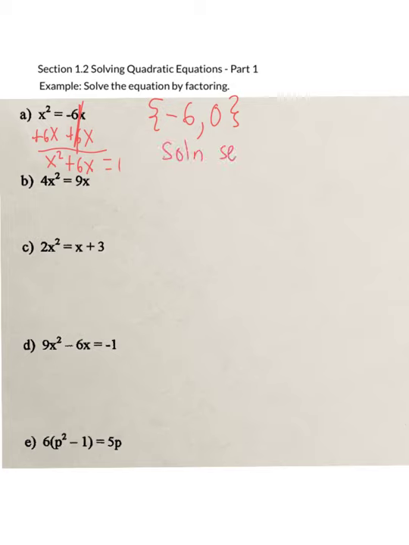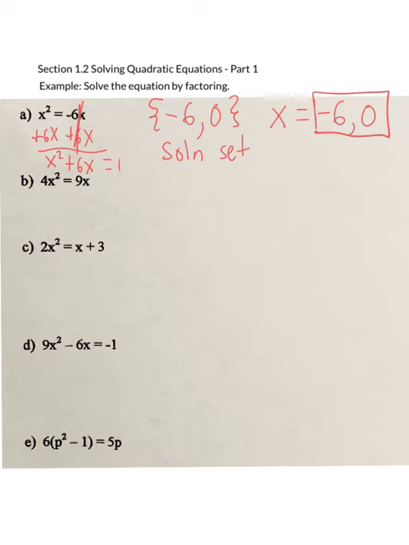But again, if they put solution set in the directions, that means they want those squiggly set brackets. Other times, they'll have x equals, and you would just simply type in negative 6 comma 0 into the answer box. So it's just about how does the My Math Lab want you to format that answer.